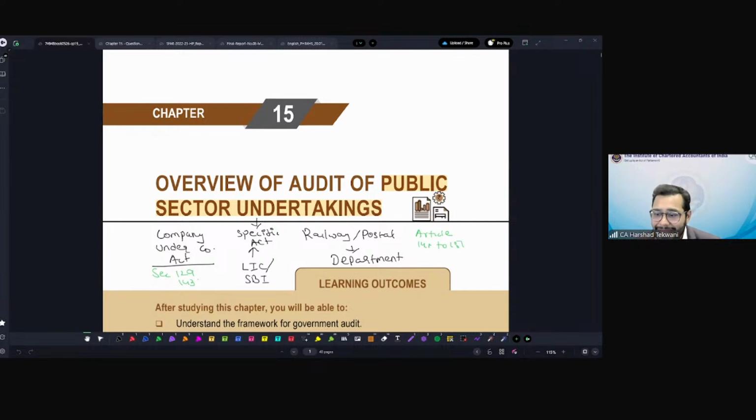In these scenarios, for example, for a specific act, or for railway and postal departments, the C&AG appoints the auditor.